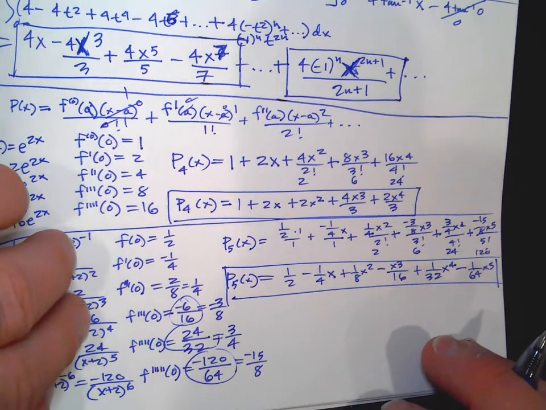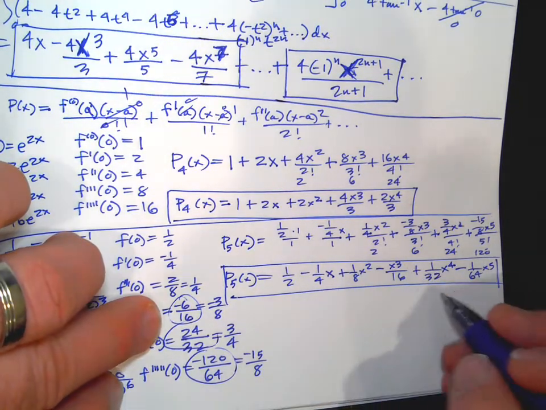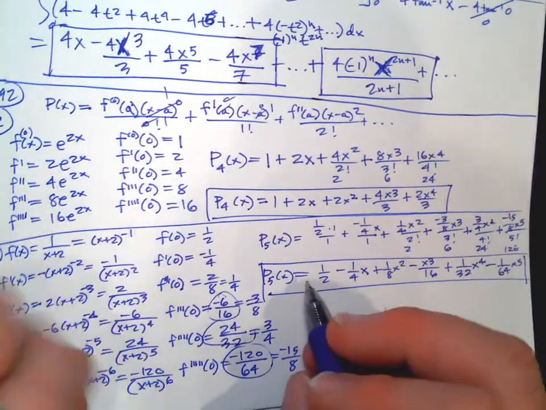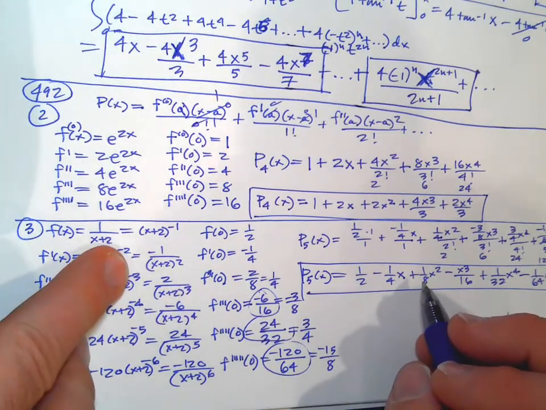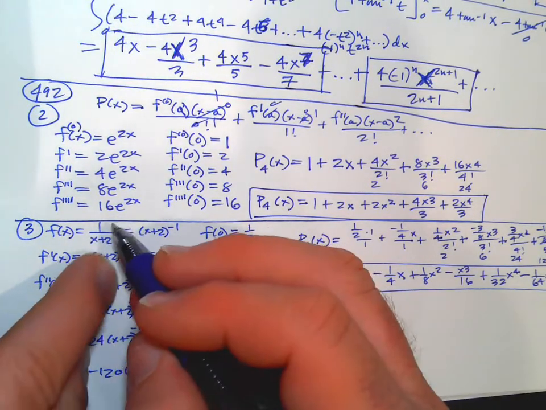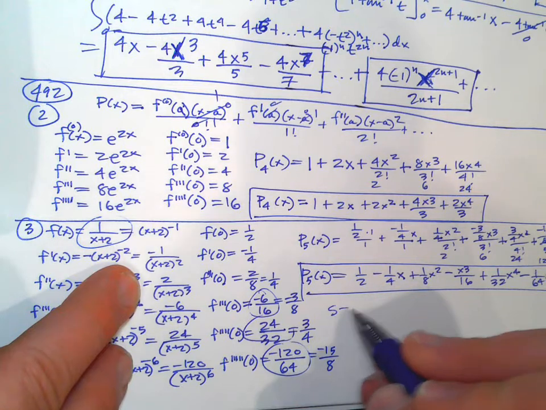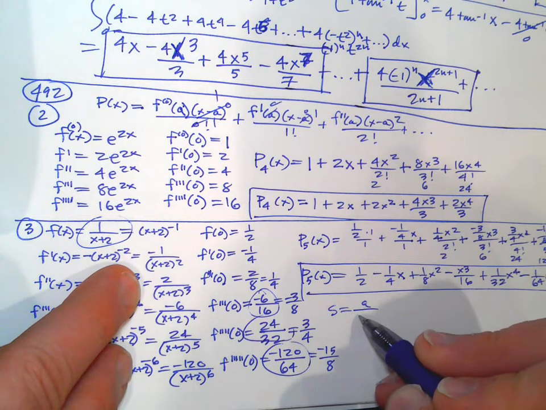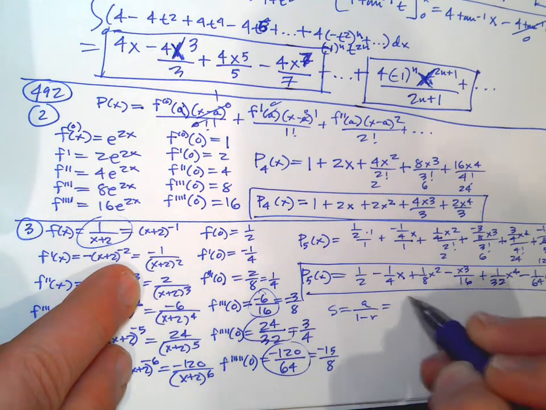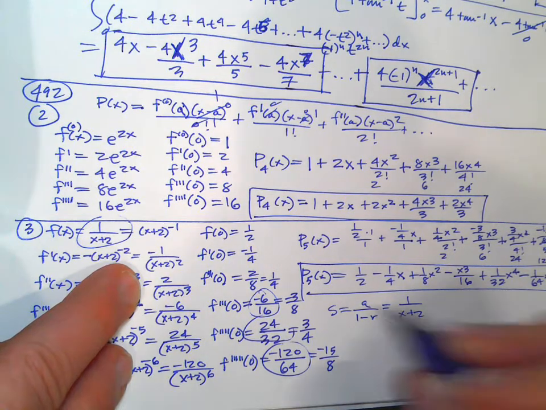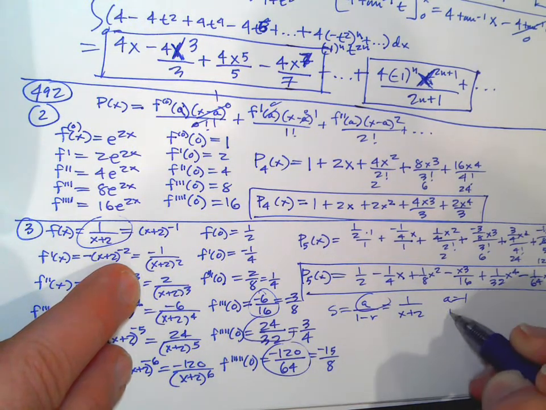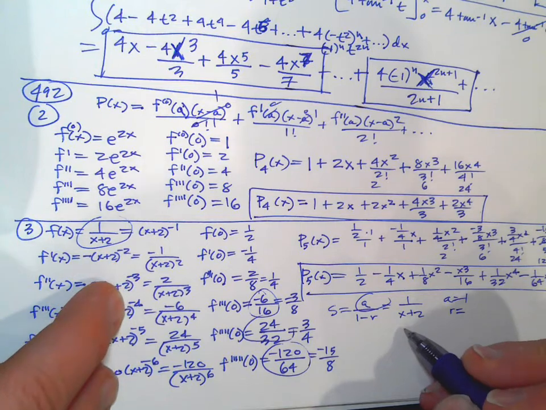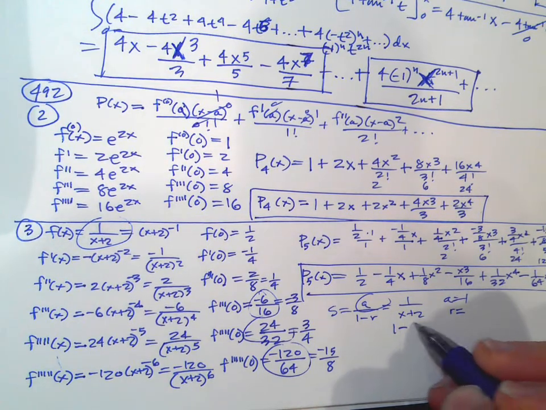Alternatively, and here's the funny part, if it's already written in the form of the sum of a geometric series, why don't we just say a equals 1 and r equals something? You have to rewrite this as 1 minus something.